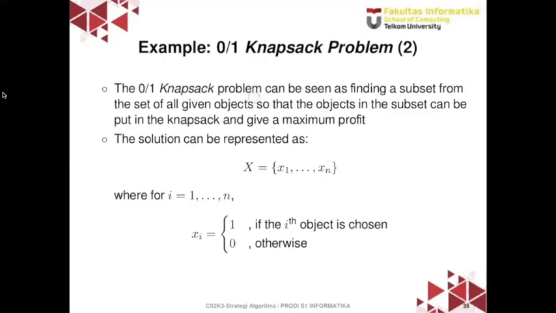So this knapsack problem, we can see it as a problem of finding a subset from the set of all given objects so that the objects in the subset can be put in the knapsack and give a maximum profit. The solution can be represented like this, where we have a set of n items, but we replace xi with 1 if the object i is chosen, meaning it is put in the backpack, or 0 if we don't put it in the backpack.